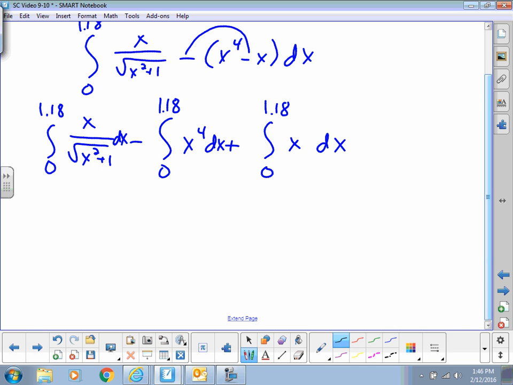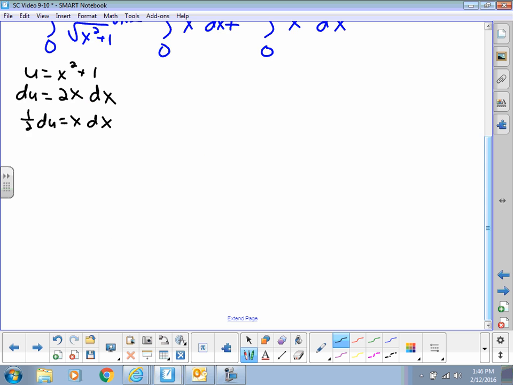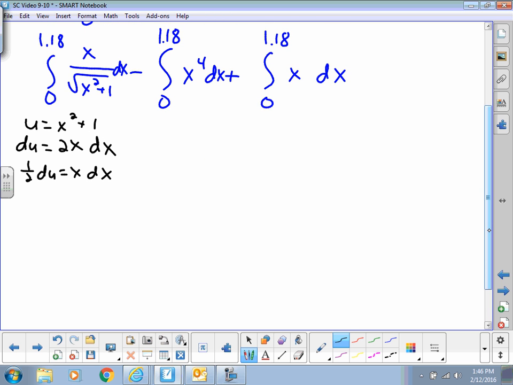So this left one is going to be the tricky one. We've got to use u substitution. We'll let u equal x squared plus 1, meaning that du is 2x dx, sorry. We have to get x dx. We'll have 1/2 du equals x dx. So we'll do the integral from 0 to 1.18.